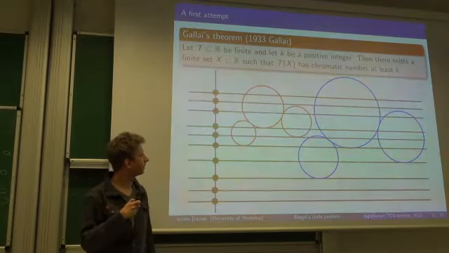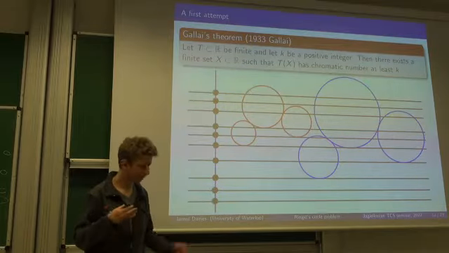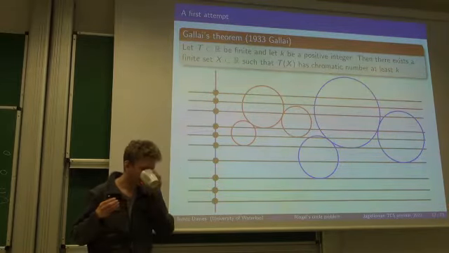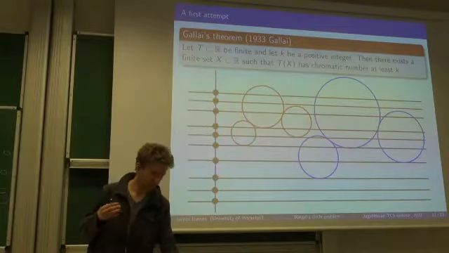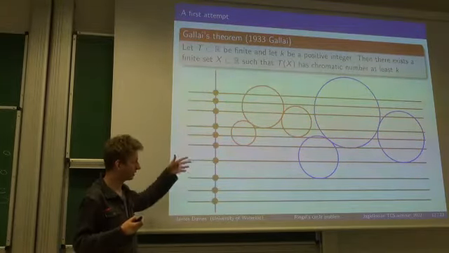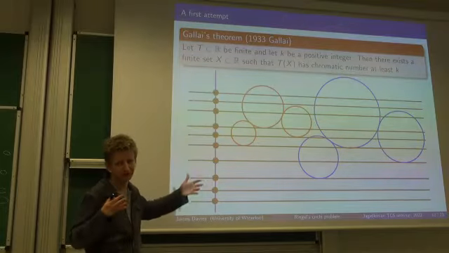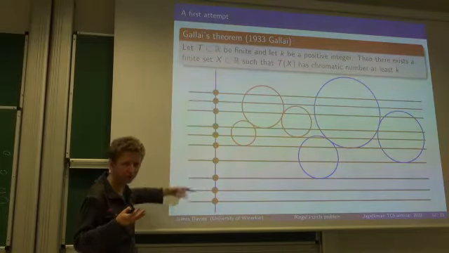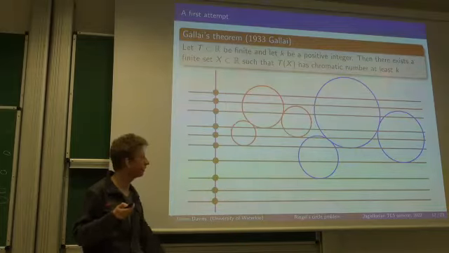Okay, so this construction almost works in a sense. The chromatic number stuff works, and this picture looks fine, except you might rightfully be concerned about all these horizontal lines that aren't actually circles yet.